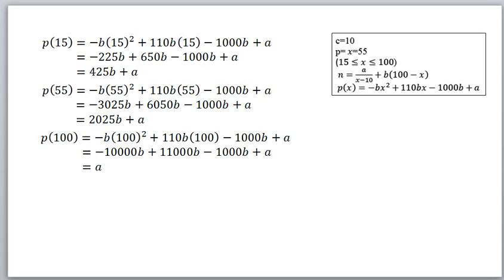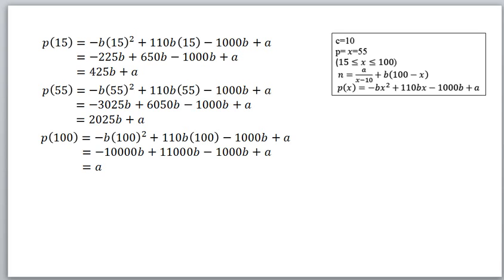Filling in 55 for x, we get P of 55 equals minus b multiplied by 55 squared plus 110b multiplied by 55 minus 1000b plus a. That equals minus 3025b plus 6050b minus 1000b plus a. Adding all b's together and bringing the a down, we get 2025b plus a.